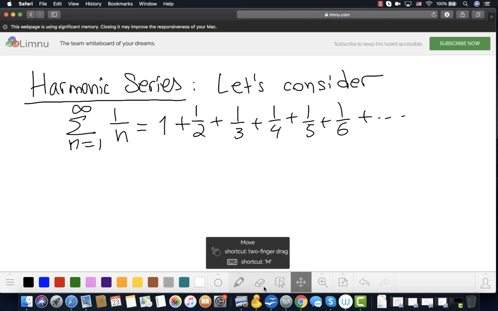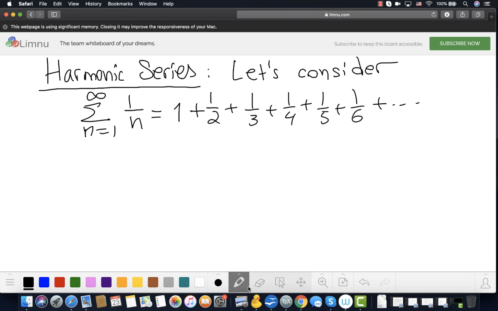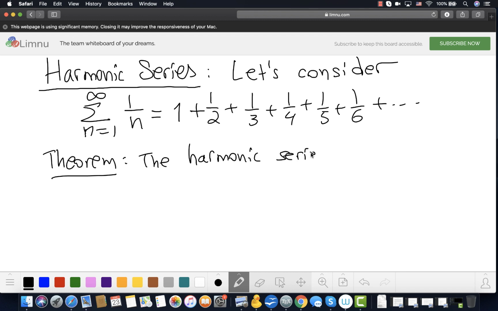But I will prove to you that in fact this series diverges, but we need an intricate argument to see this. So the theorem is that the harmonic series diverges. This harmonic series, which is this series here, diverges.